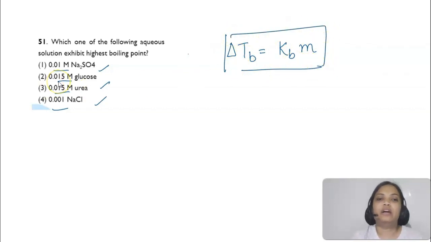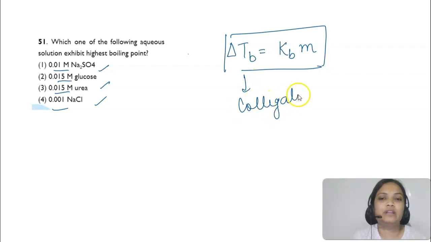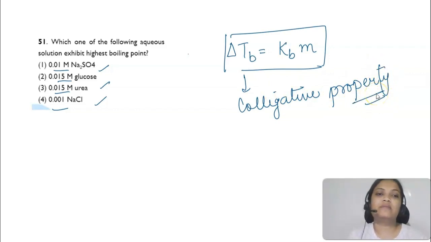Elevation in boiling point is a colligative property, and that depends on the number of solute particles.